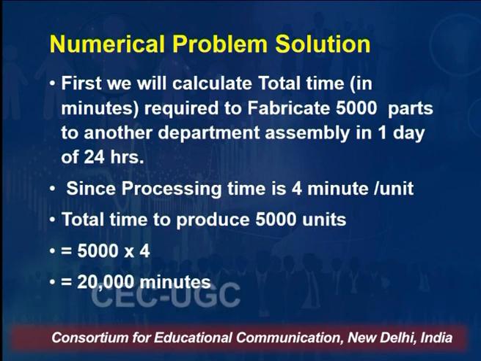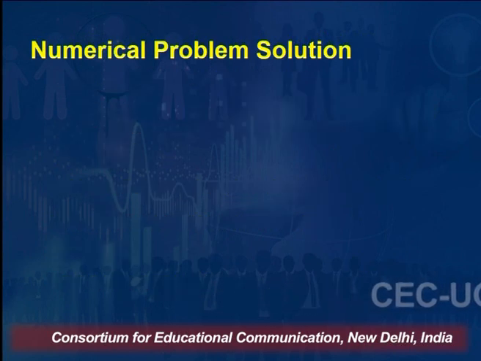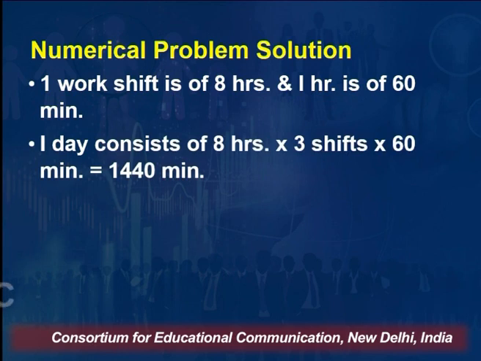But in 1 day, how much time do you have? One work shift is of 8 hours and 1 hour is 60 minutes. So 1 day consists of 8 hours multiplied by 3 shifts multiplied by 60 minutes, which is 1440 minutes.